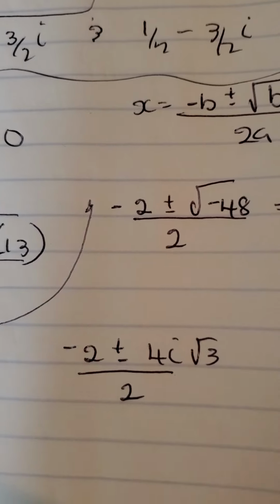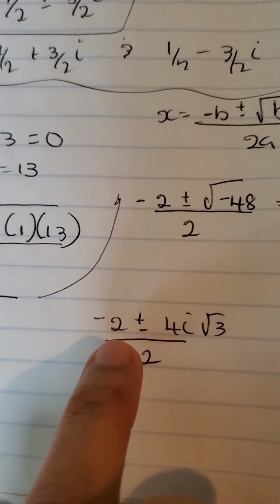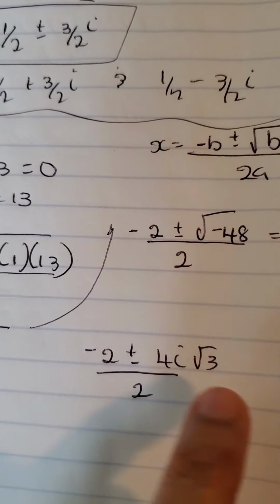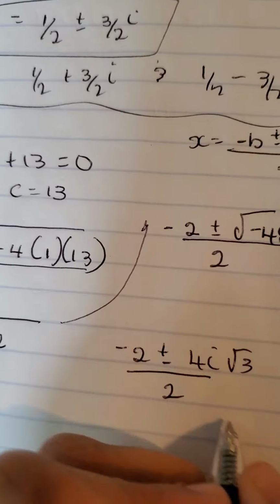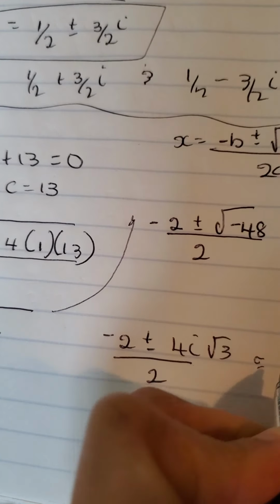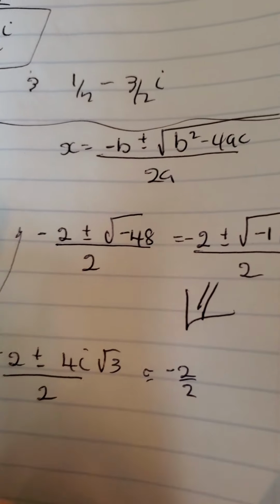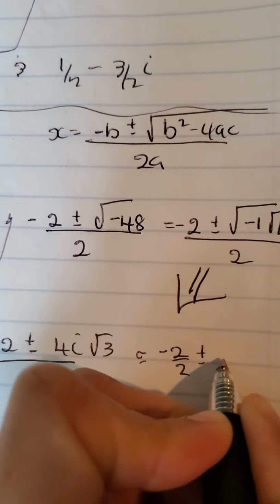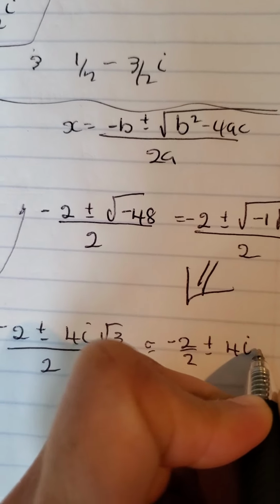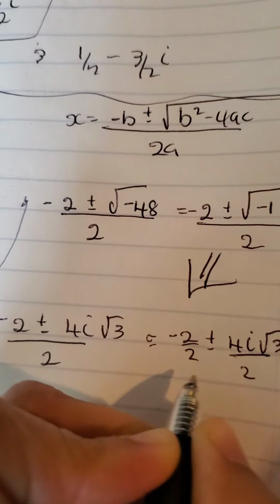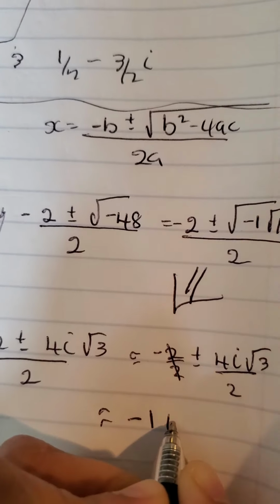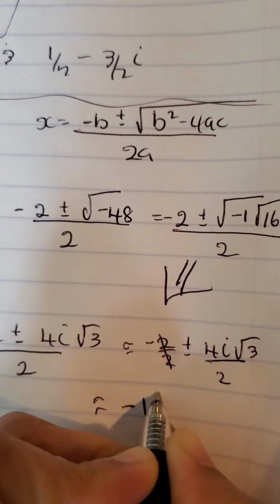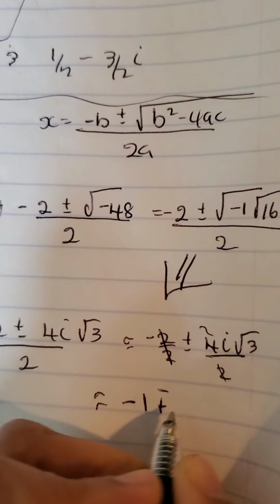And now we can try to simplify this fraction. Remember, it tells you how many terms I have in the numerator, and they share a common denominator, and I'm sure it can be simplified. So it looks like I have negative 2 over 2 plus and minus 4i root 3 over 2. So here I'm left with negative 1 plus and minus, 2 can go into 4 twice.